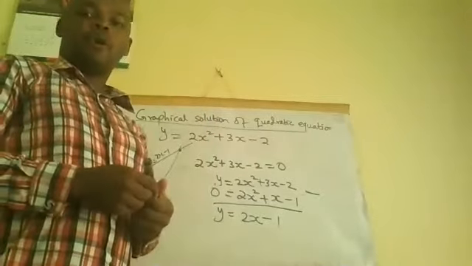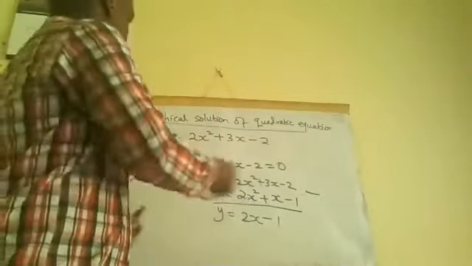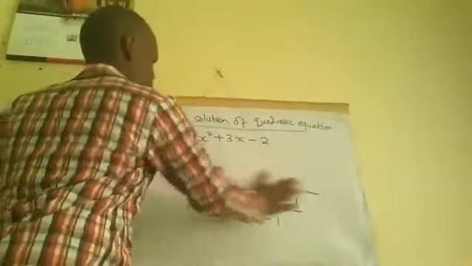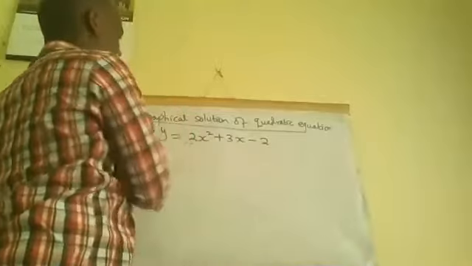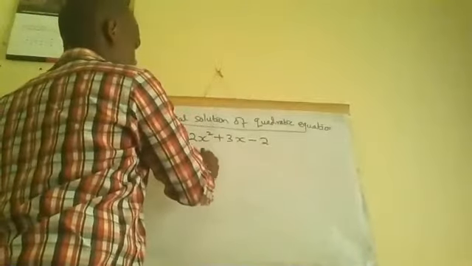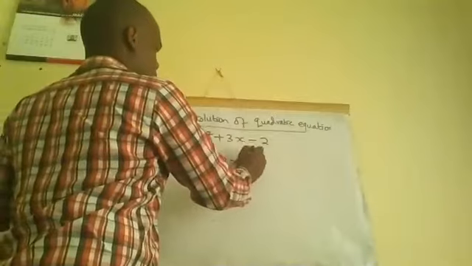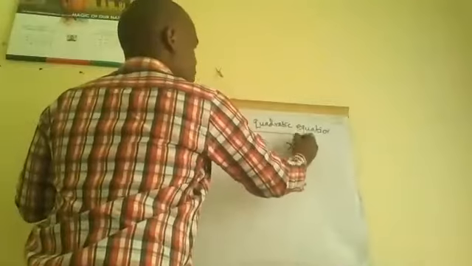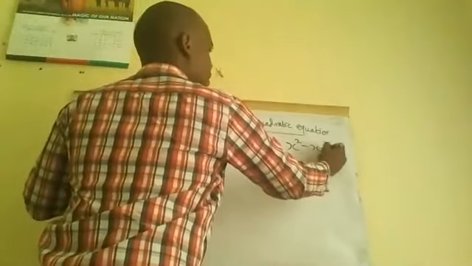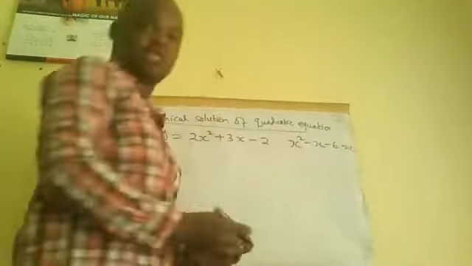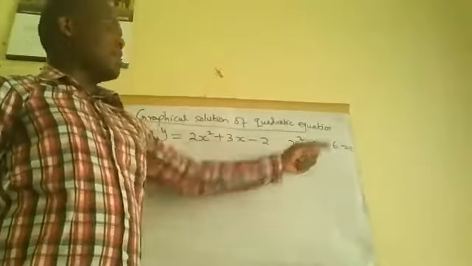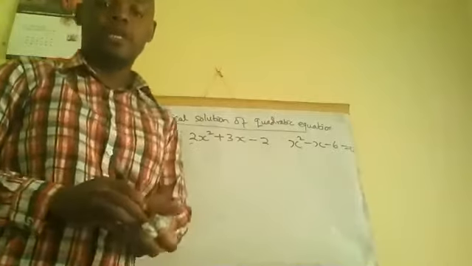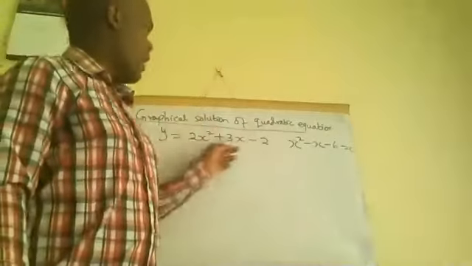Another thing is, suppose you are given the equation y equals 2x squared plus 3x minus 2, but I want to solve x squared minus x minus 6 equals 0. What do I do? What I'll do is, I'll look at the x squared and the 2x squared.